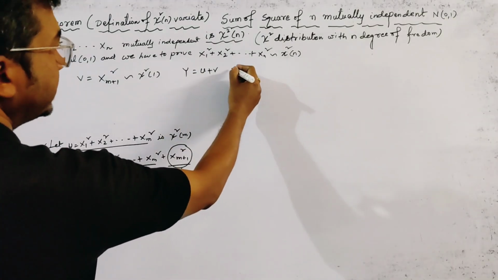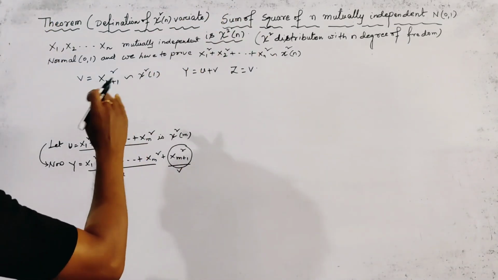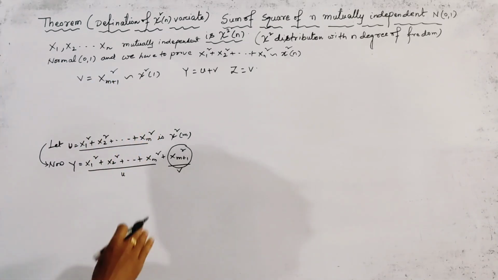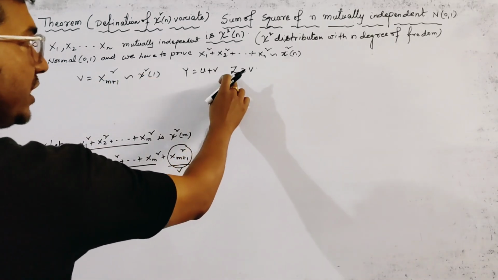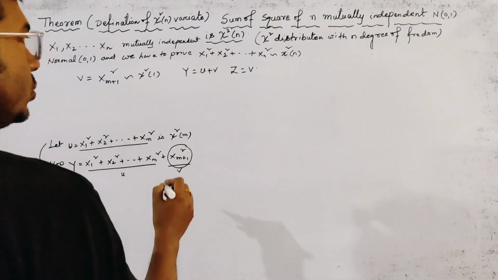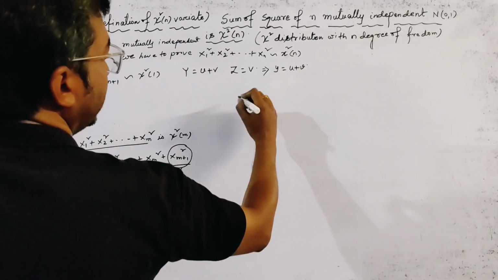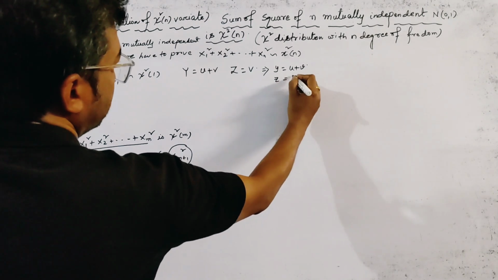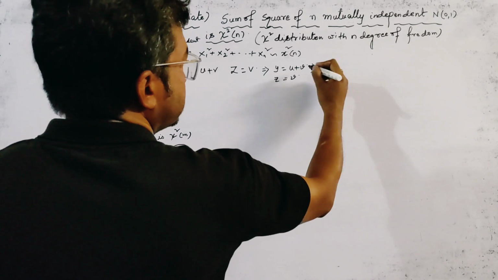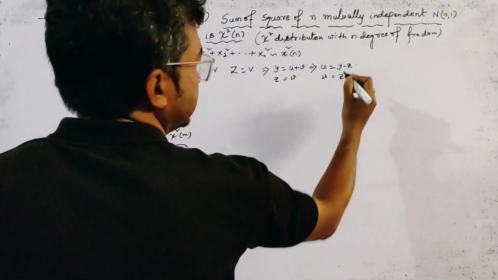We also let z equal to v, because we cannot transform two random variables to one random variable, so we must take another random variable and let this be z. And in real variables we get y equal to u plus v, and z equal to v, and we get u equal to y minus z, and v equal to z.